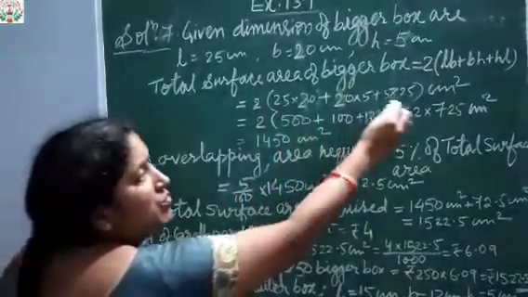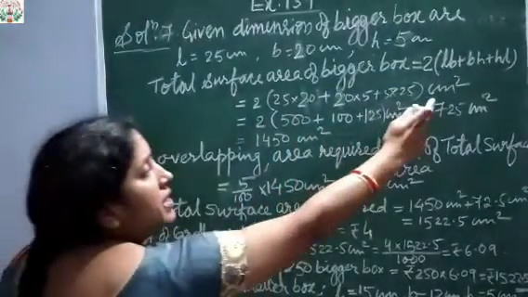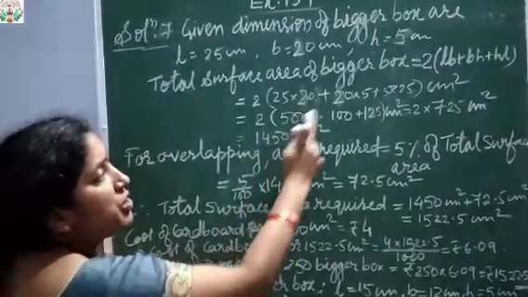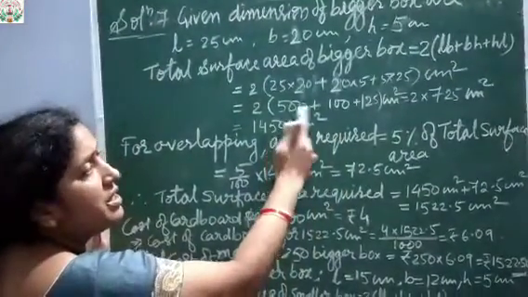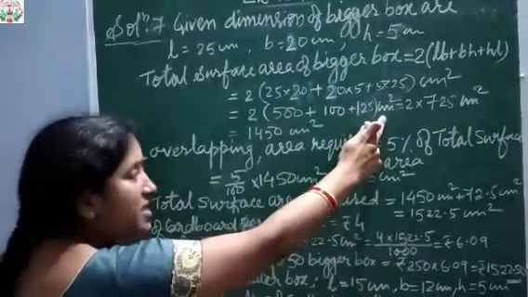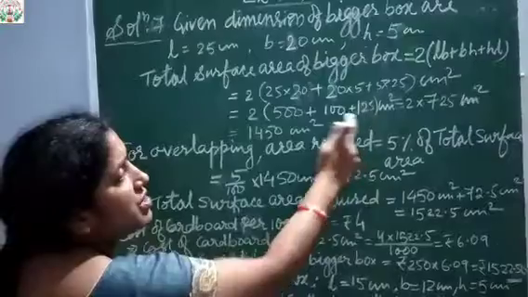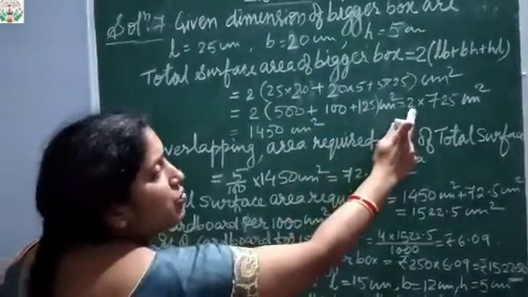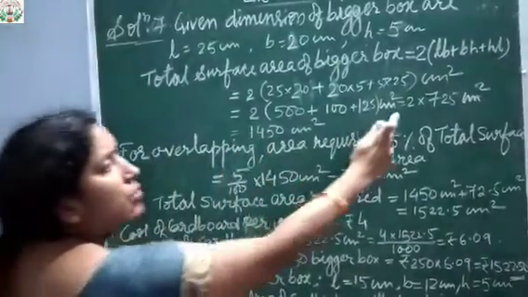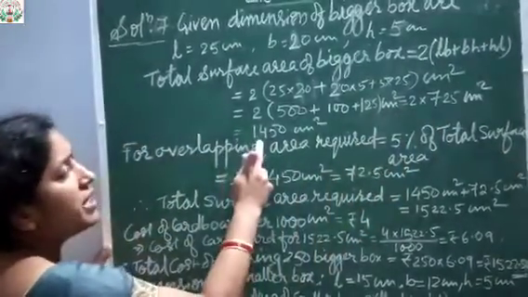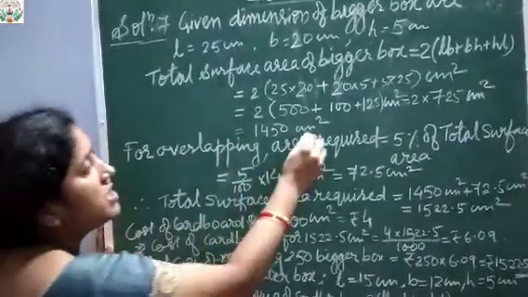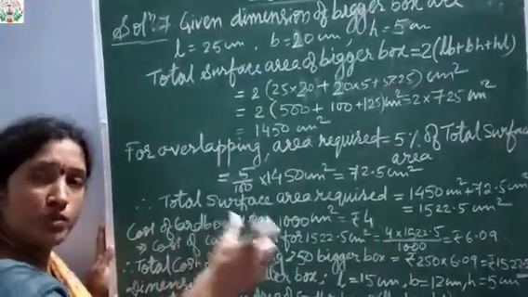Putting the values, in cm square, we get 2 into (500 plus 100 plus 125) cm square. On addition we get 2 into 725 cm square, and on multiplying with 2, we get 1450 cm square. So this is the area of the sweet box.